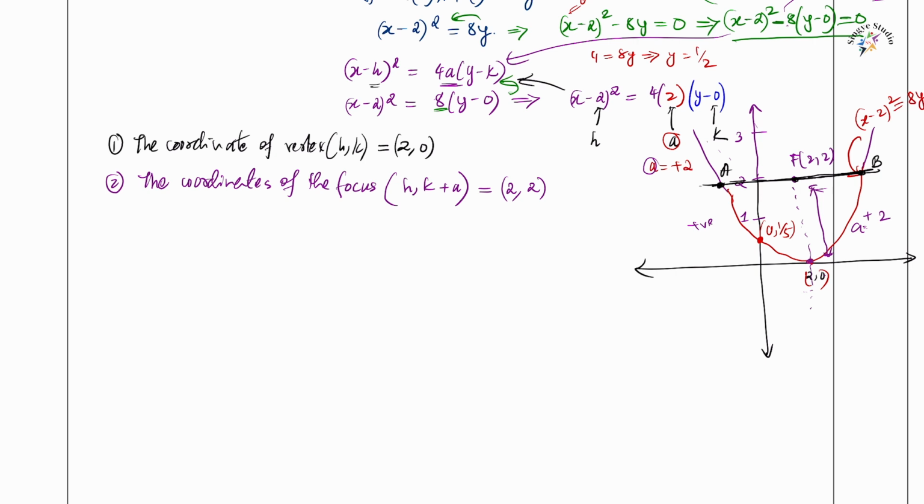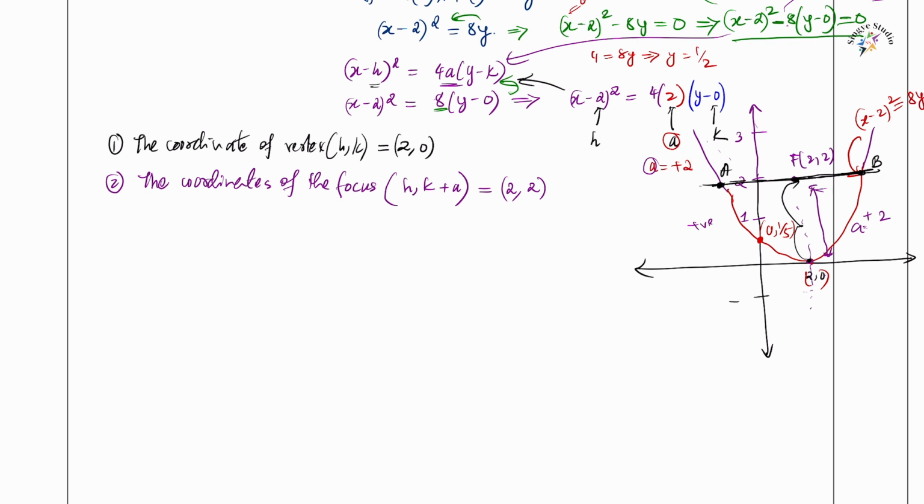But if you draw a line on the opposite side of the vertex at the same distance as A from the vertex, then this line will be called the directrix. Therefore, from the vertex you went 2 units up to get the coordinates of the focus. Now to get the equation of the directrix, you have to move 2 units down, in the opposite direction to the focus.